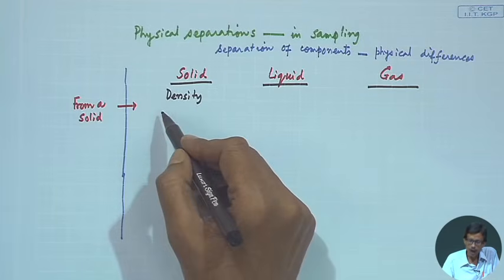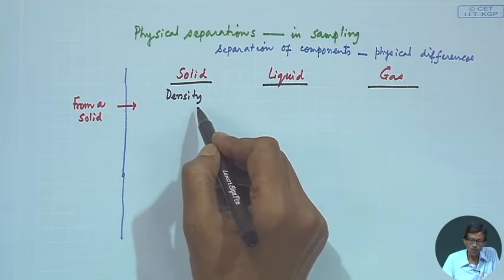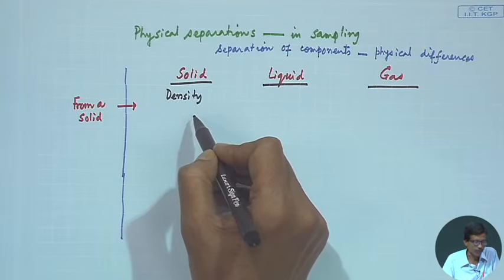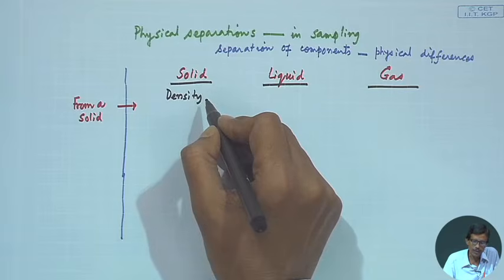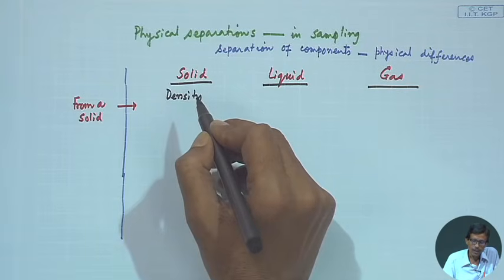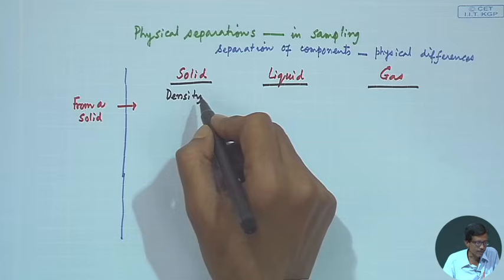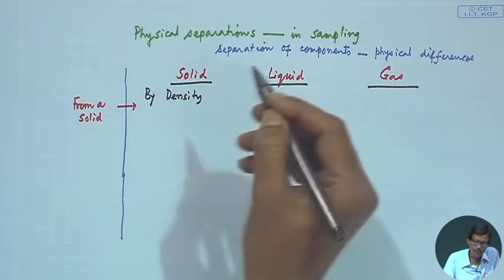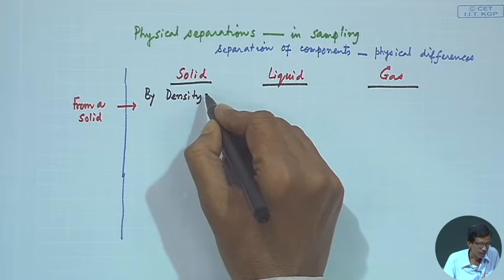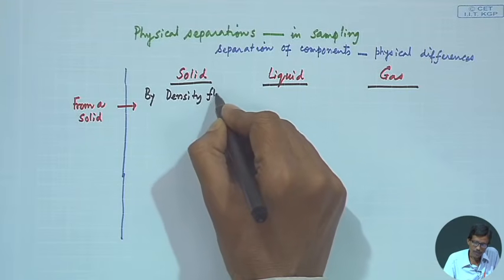These are present as ores, but their density will be different. So, the parameter is the density difference, and we can do this separation by density flotation.